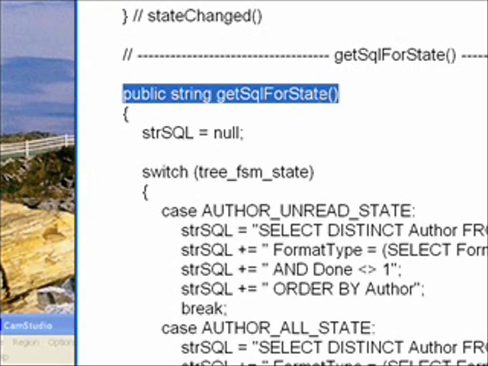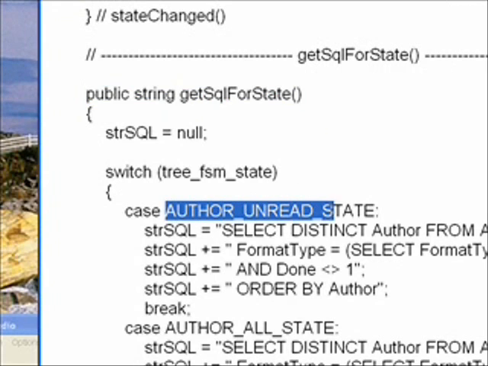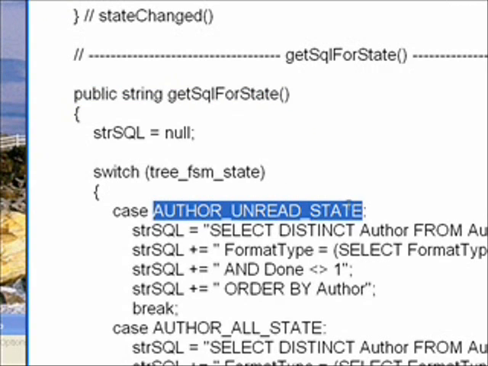If state is author unread state, we pass this SQL statement. I'm actually going to expand out these SQL statements in a separate file.